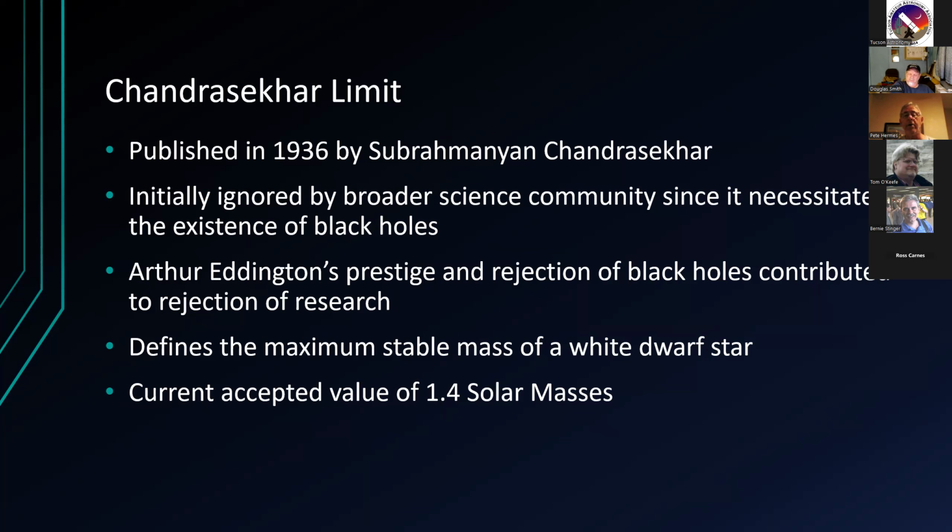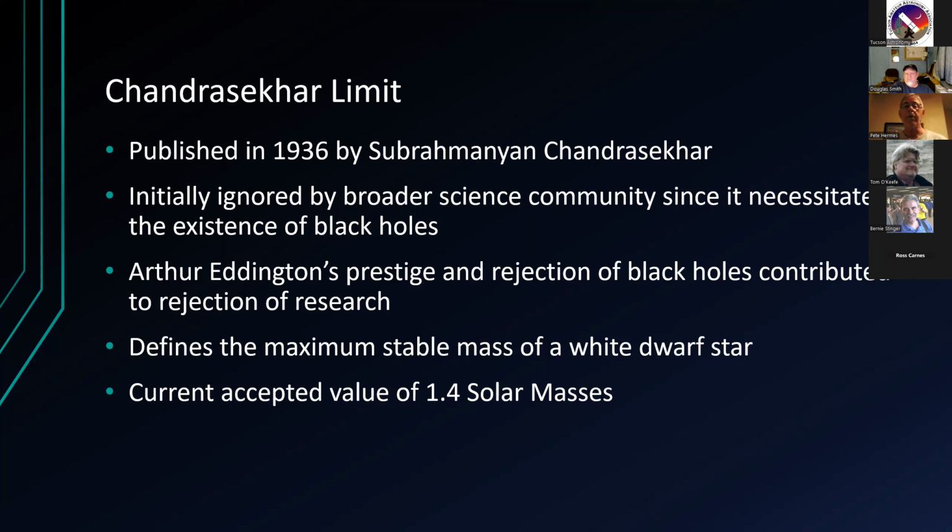The Chandrasekhar limit was originally ignored in this early time because, for this limit to be applicable to the universe, it required the existence of black holes, which Einstein, not Einstein, Eddington, and several others did not think existed. So it was kicked to the curb for a long time, in part driven by Arthur Eddington's influence on this particular field of research, and Einstein's as well.